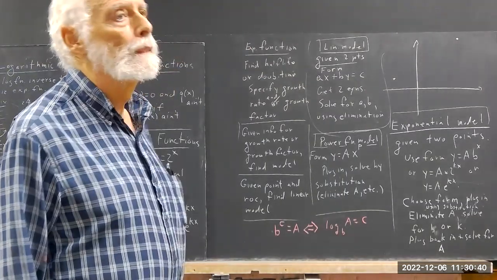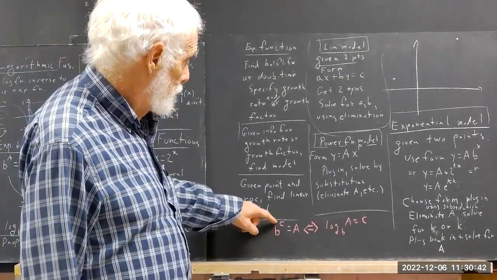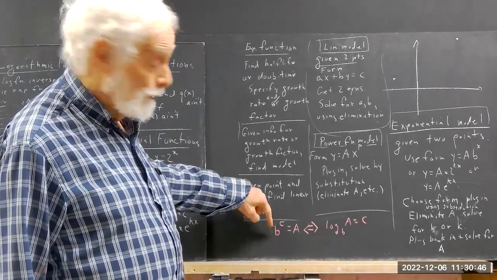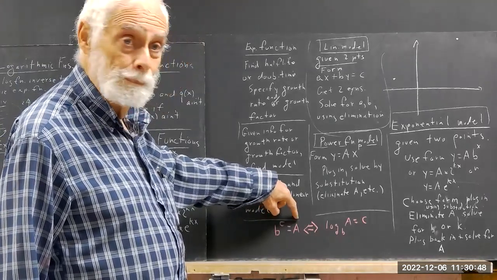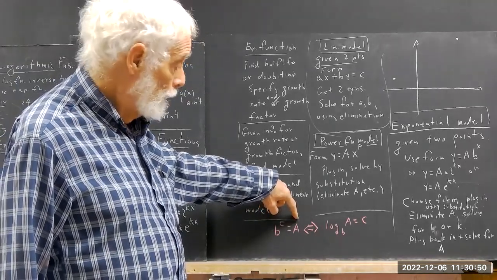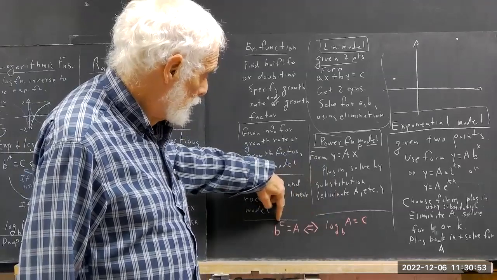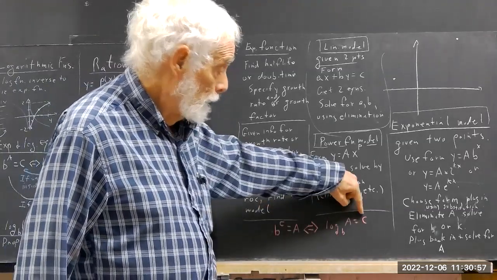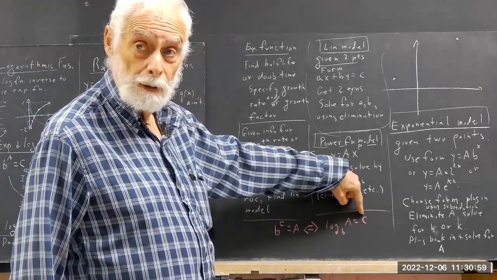So if your variable appears in the exponent, put your equation into this form, then switch it to this form so that the variable in this exponent C now appears here. We can get to it. We've said that many times.